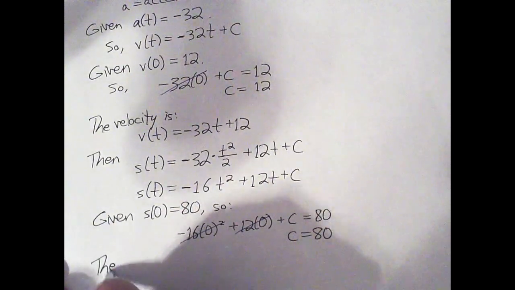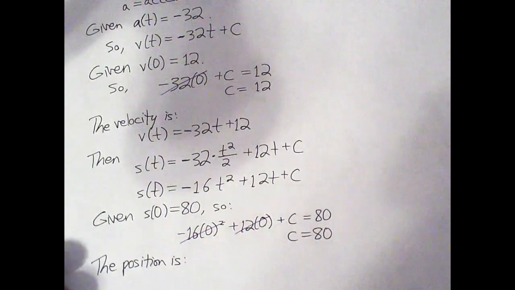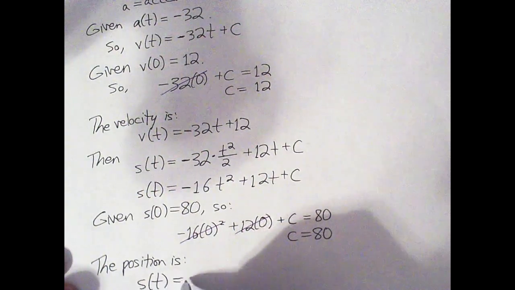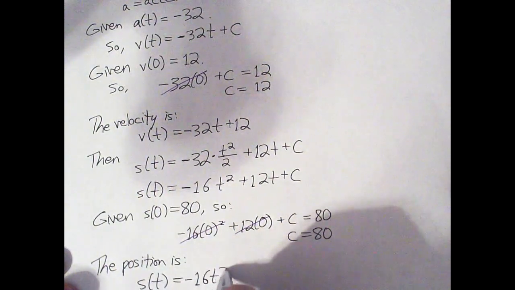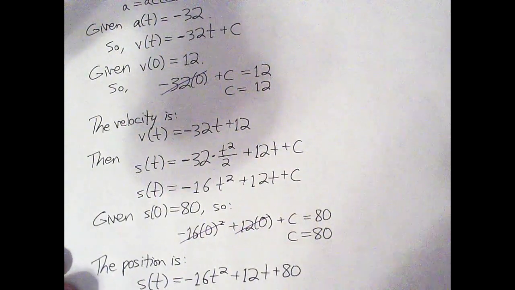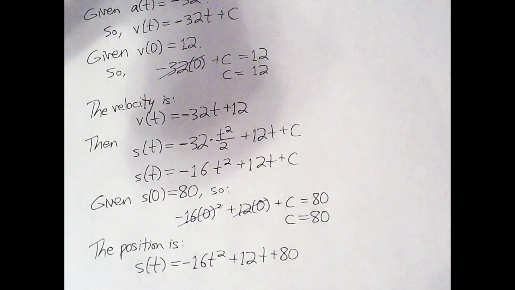So the position is s of t equals the thing we found above with the c value that we found. We're not finished yet, but I actually just want to highlight something here.